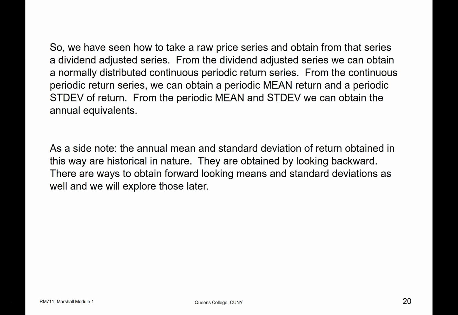And as a side note, the annual mean and standard deviation of return obtained in this way are historical, right? We're looking backward. And there are ways to obtain forward-looking means and standard deviations as well. And some people think that these are more indicative of future performance. So we will be exploring those down the road.